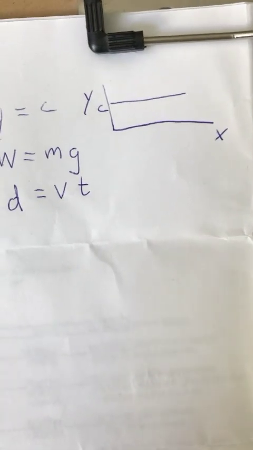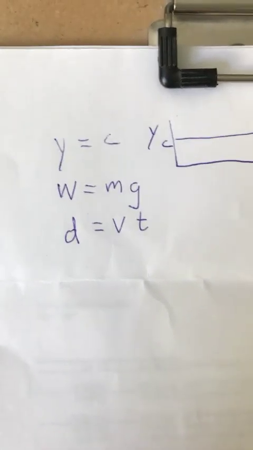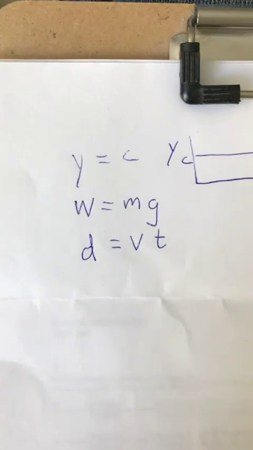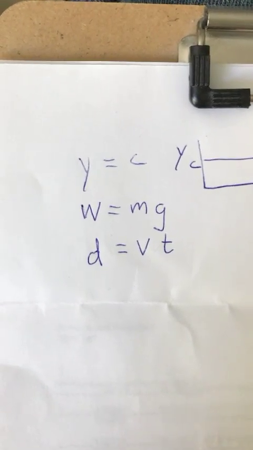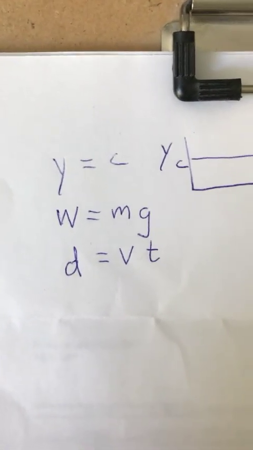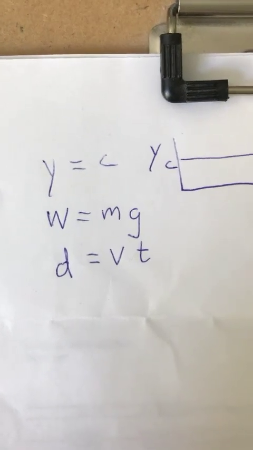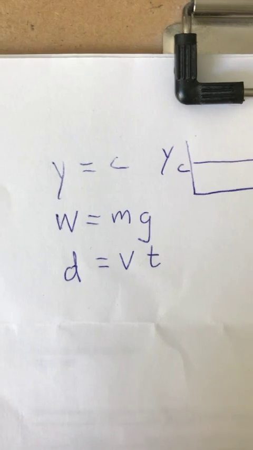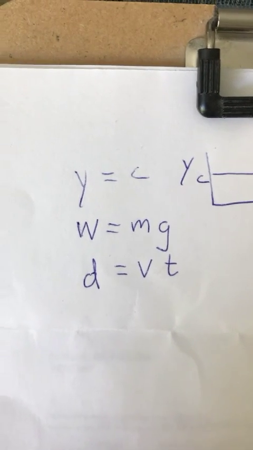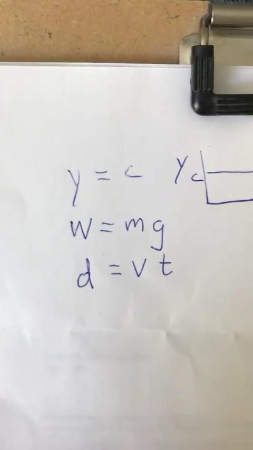Okay, so when the clock starts at time equals 0, maybe we have a stopwatch or something, the velocity doesn't matter because our distance traveled is 0. Let's say if the constant v is 60 miles per hour, we know that within 30 minutes d will be 30.